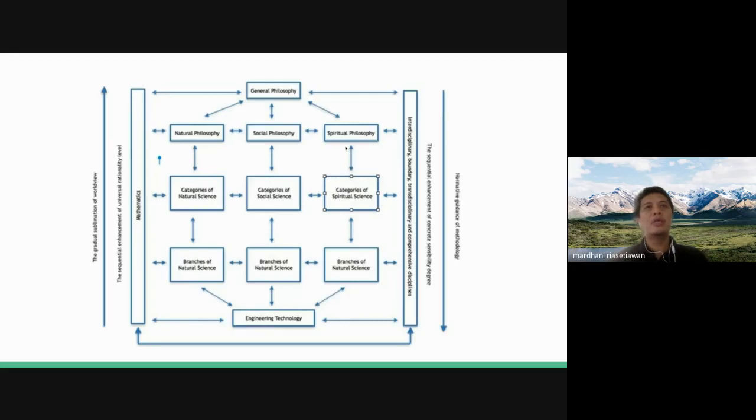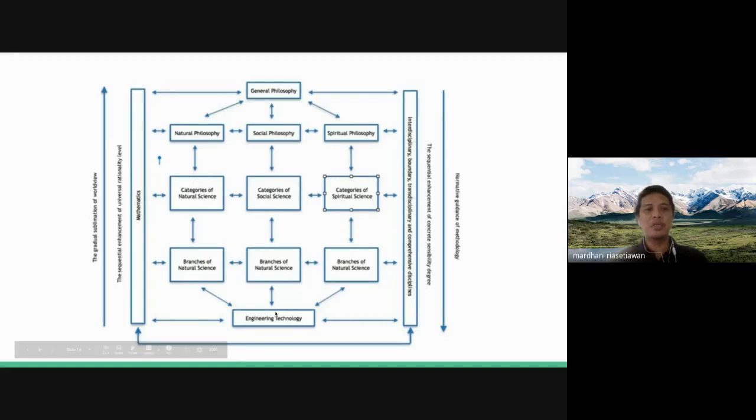And because we have three parts to see the philosophy, natural philosophy, social philosophy, and spiritual philosophy, in natural philosophy, of course, we accommodate all categories of natural science. It's also in the social science, it's also in the spiritual science. We will have the branches of natural science, and then we will have engineering and technology in here.